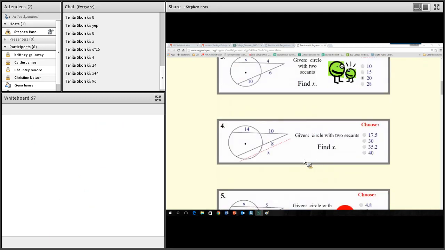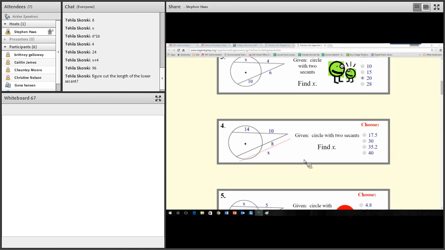Next! Okay, number 4. Similar problem. Can anybody help me? What are we going to do with number 4? What's the relationship we're looking for? Okay, well, let's take the top first. Yes, exactly. We've got to figure out the length of the lower secant, which is what we're looking for here. Good.